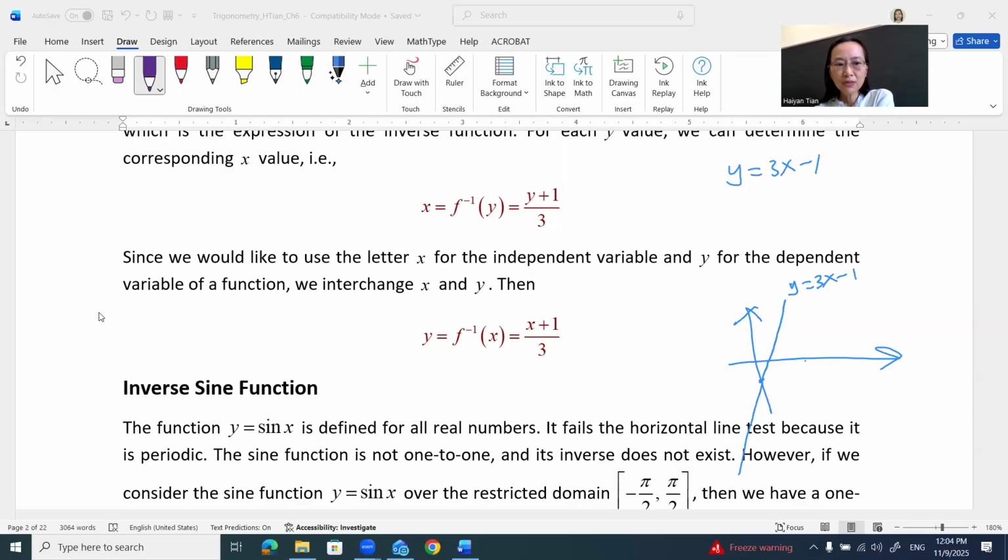But what is the graph of the inverse? So for the inverse, this point is negative 1 because the y-intercept, when x is 0, y is negative 1. And we know the point (negative 1, 0) must be on the inverse. So let's look for where is the (negative 1, 0). x is negative 1, y is 0. So this is (negative 1, 0). Also, this must be on the inverse, right? We know if (a, b) is on the original, then (b, a) must be on the inverse.